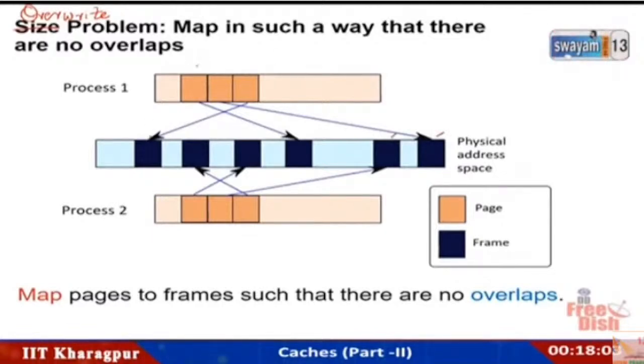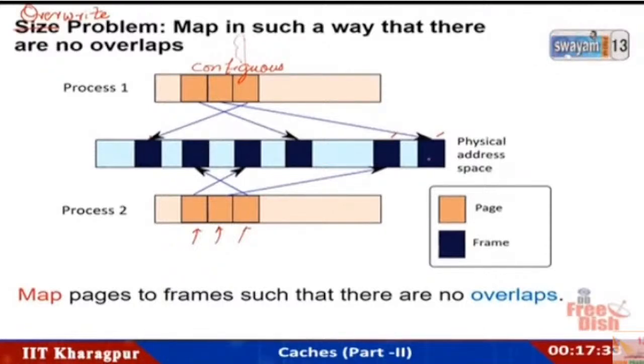What is the key point? They are contiguous over here, but this continuity is not seen in the physical address space. In a sense, they are mapped to different frames in main memory which are not necessarily close by. Similarly, for process 2 we have 3 pages. They are mapped to 3 different frames in the physical address space.